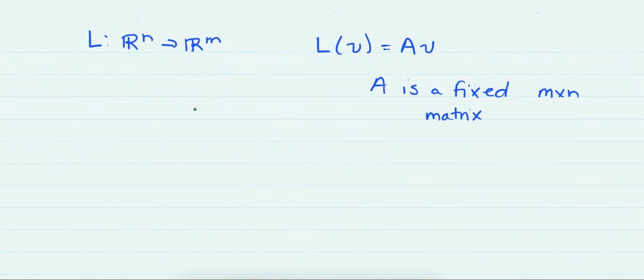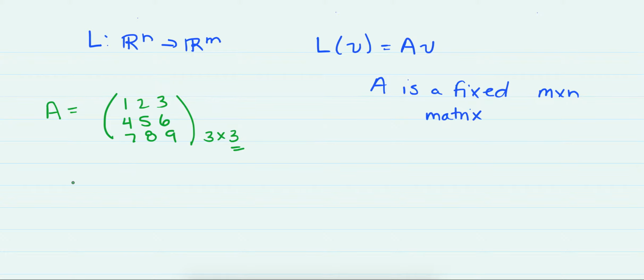Another way to think of this is any matrix that you come up with. So if you say something like 1, 2, 3, 4, 5, 6, 7, 8, 9, this matrix represents a linear transformation from R3 to R3. This is a 3 by 3 matrix.